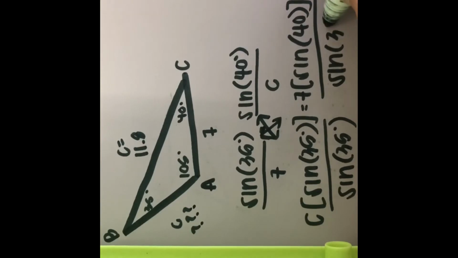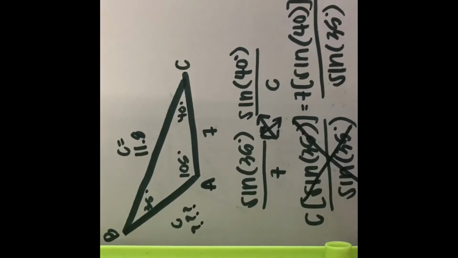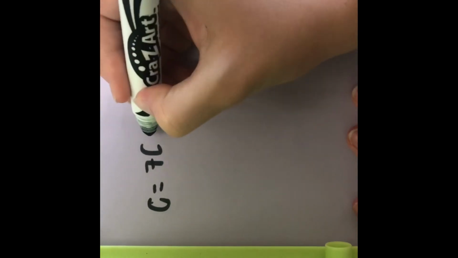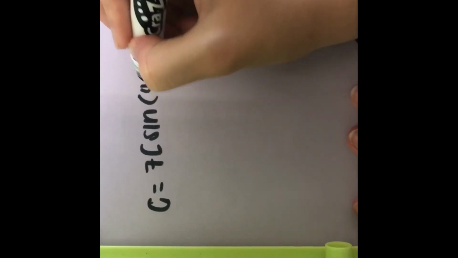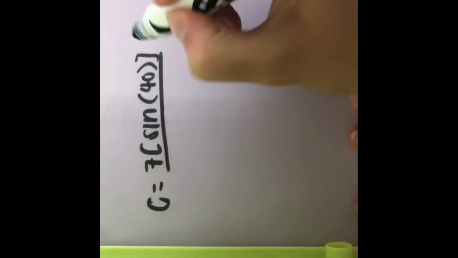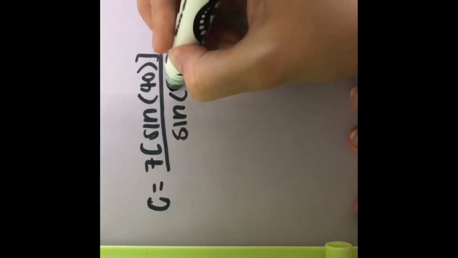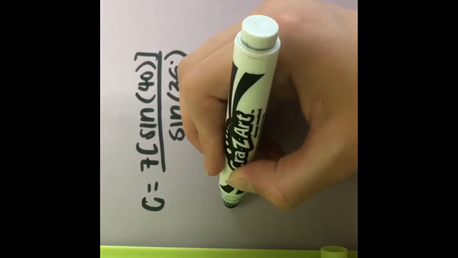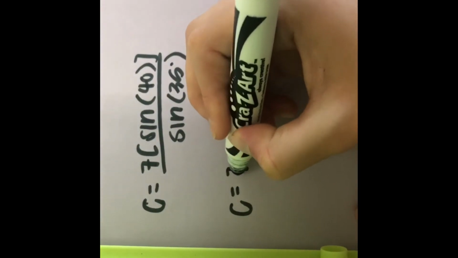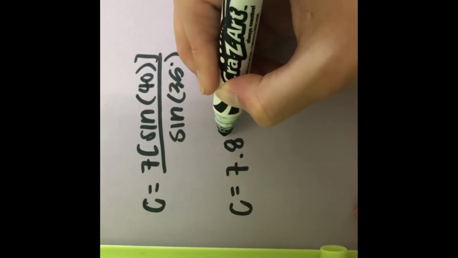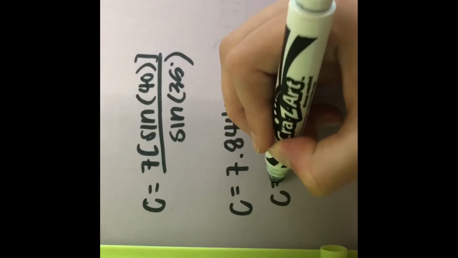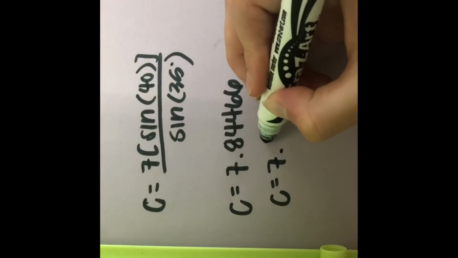And since we do it to one side, we have to do it to the other. Then we cross out the sine of 35 because it's not there anymore. This means that C is equal to 7 times sine of 40 divided by sine of 35. After you put this in your calculator, you find that C is equal to 7.84466. Then you round it to the nearest tenth, and you find that it's 7.8.